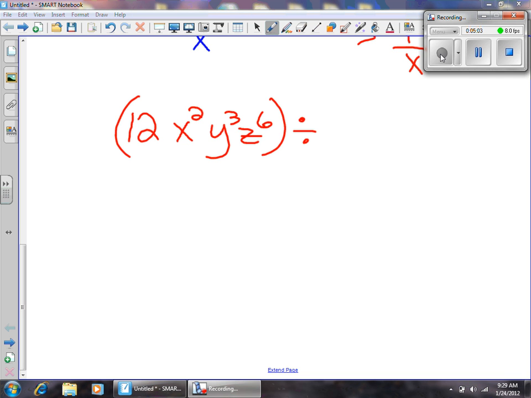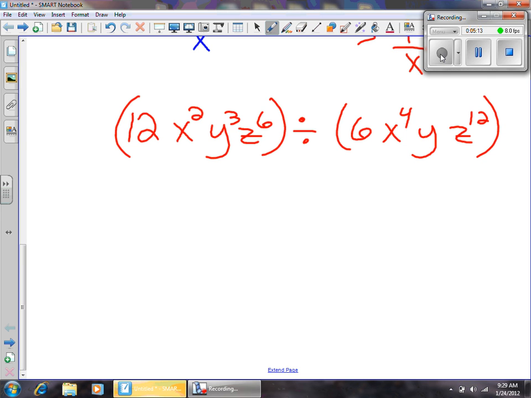We're going to divide that by 6, x to the 4th, y, z to the 12th. All right. Well, you might want to rewrite this like this. I love to see it in fraction form.